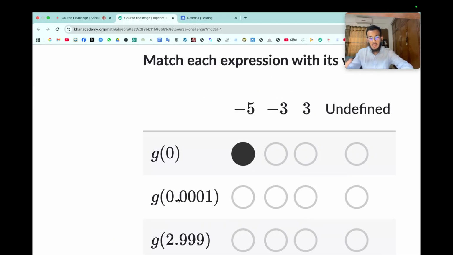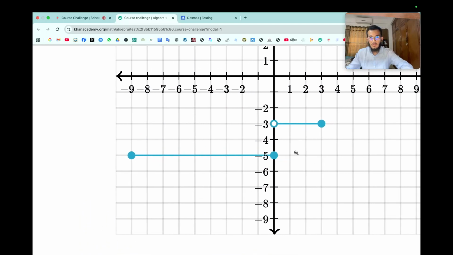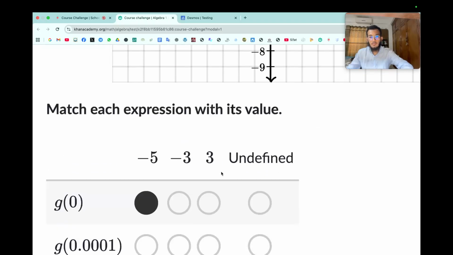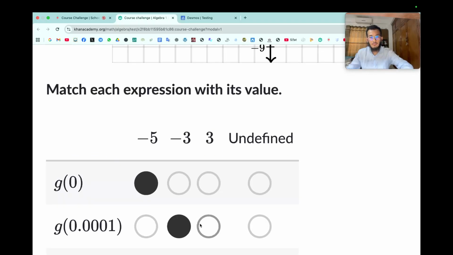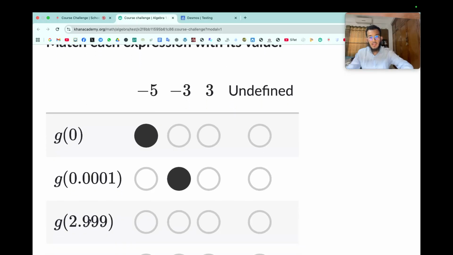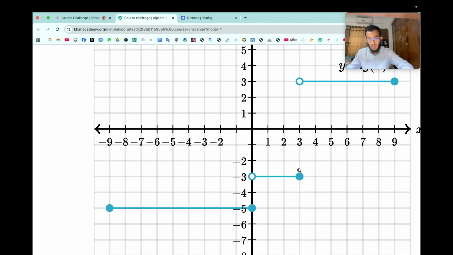For slightly on the positive side of 0, we would have -3. Okay, -3. And slightly on the negative side, on the left side of 3, we again have -3.